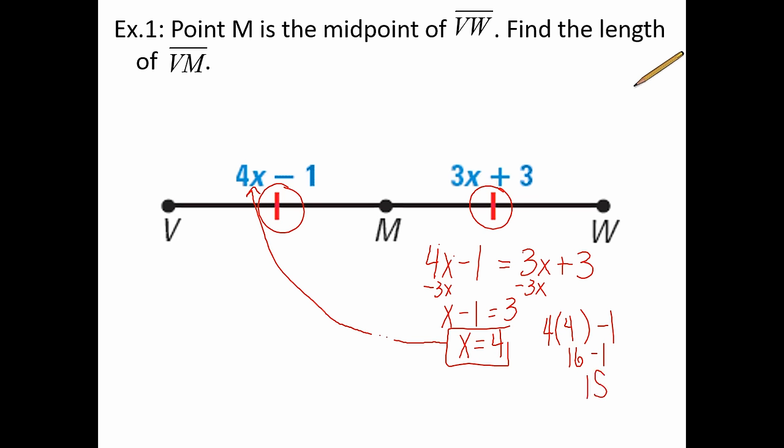So segment VM has a length of 15. That means I would write VM equals 15. Notice I didn't put the little segment bar above it because we're not talking about the segment itself, we're talking about the length of that segment. So VM, that segment has a length of 15. Okay, so that's how the algebra sort of comes back into this.